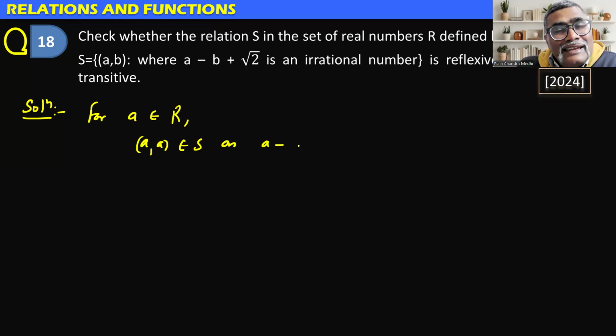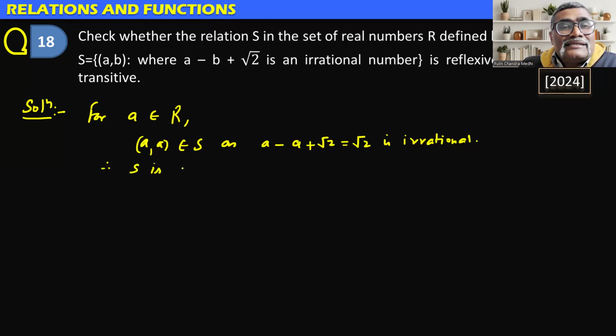As A minus A plus root 2 is equal to root 2 and is irrational, right? So you directly get it. Therefore, S is reflexive.